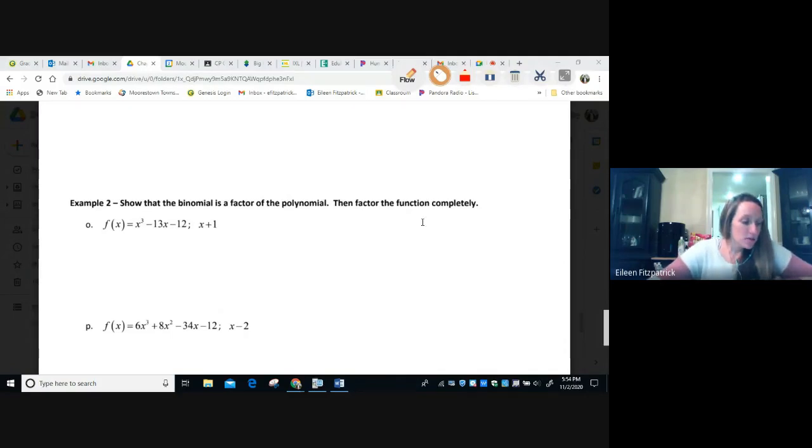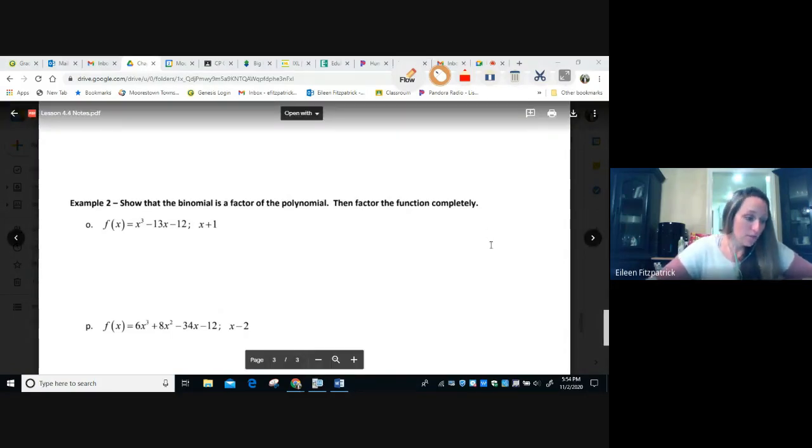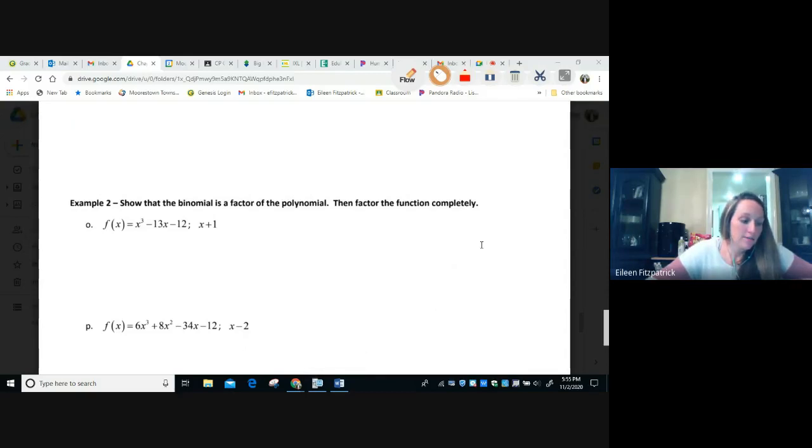You have two options here. You could use substitution or synthetic division. If you're using synthetic division, you're looking for the remainder of 0. In the last lesson, we evaluated the function when given a certain value, and we also used synthetic division to divide. A number is a factor of another number if it divides it evenly.